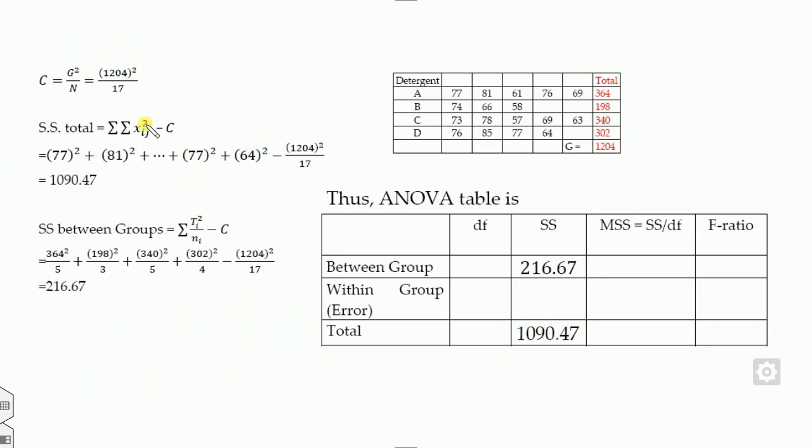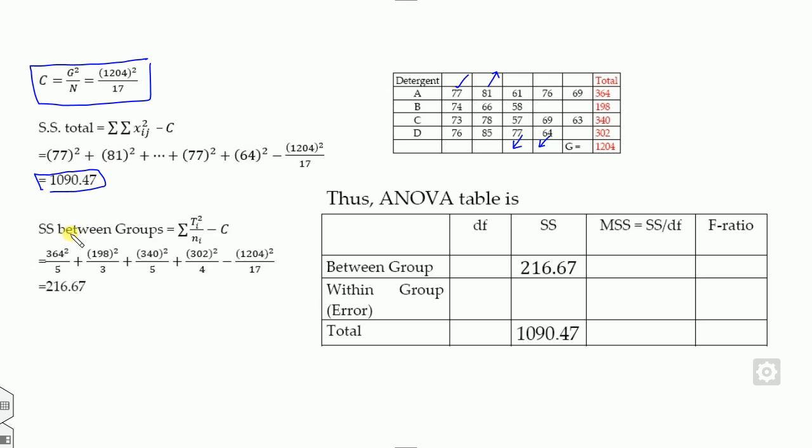So firstly you calculate C, then SS total: 77 square, then 81 square plus 61 square and so on, up to 71 square plus 64 square, minus C.